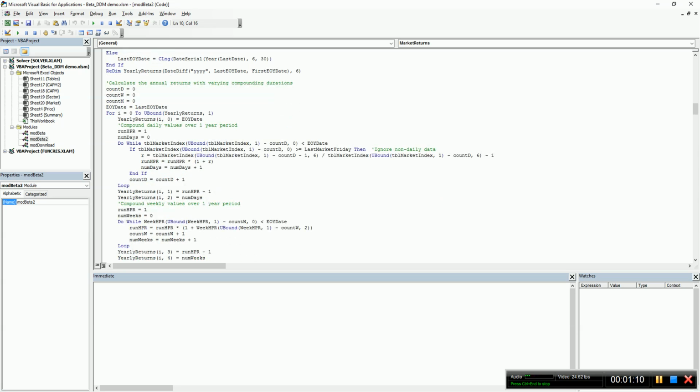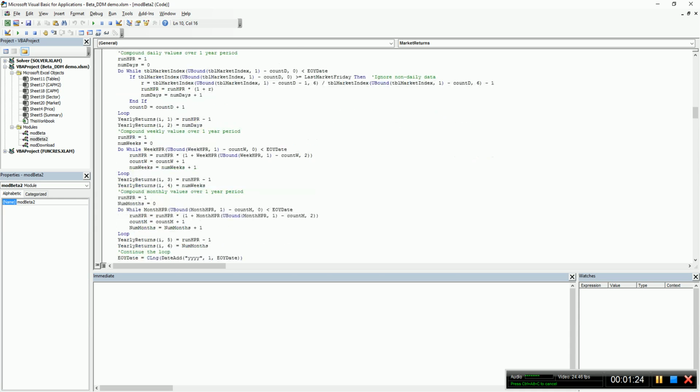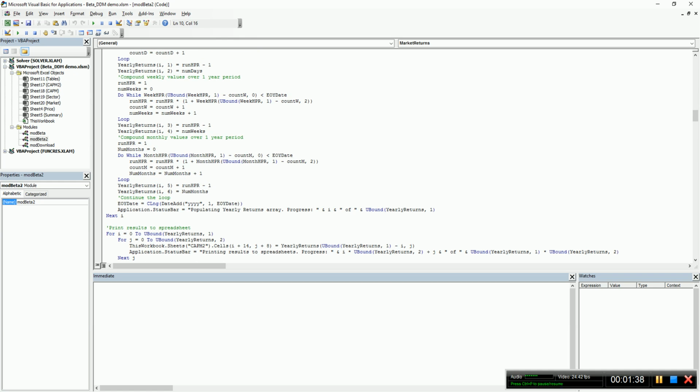So with daily compounding over a 1 year period, that just loops over each trading day in that year and compounds the returns of each trading day to form an average for that year with daily compounding. Similar for weekly, that compounds the weekly holding period returns for that whole year. So say 51, 52 trading weeks. And then similar for monthly, so 12 trading months per year.